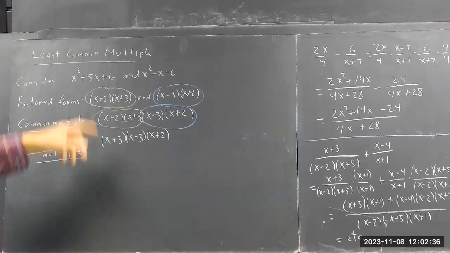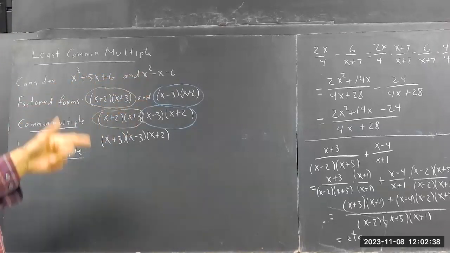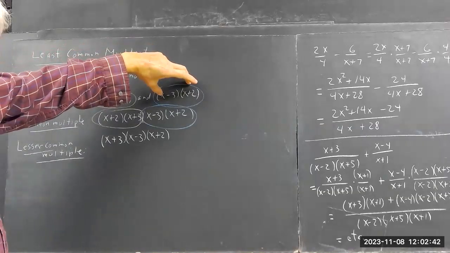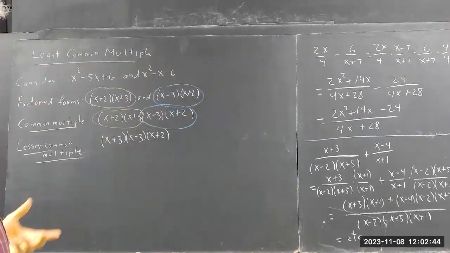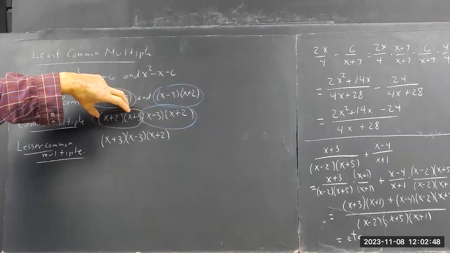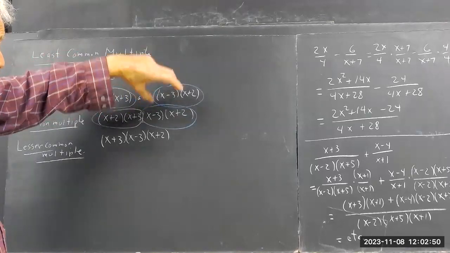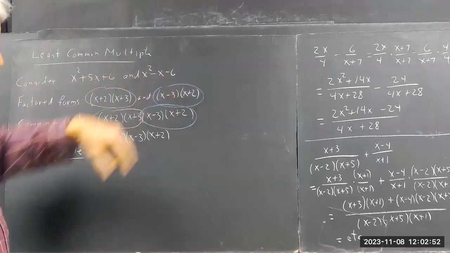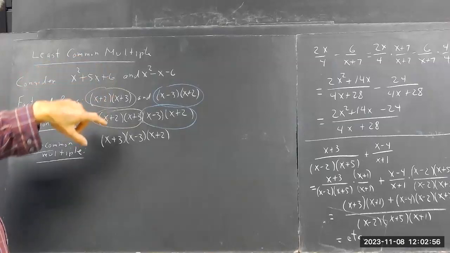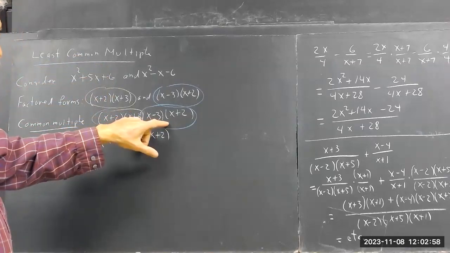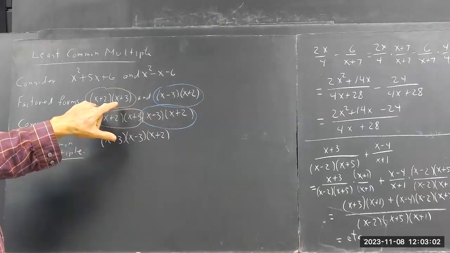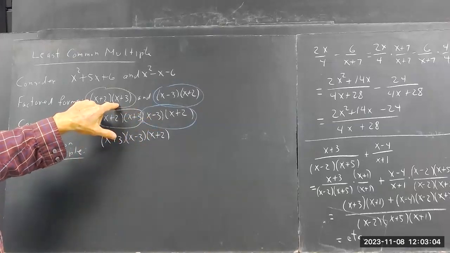A common multiple of these two expressions, you just multiply this one by this one. And that's a common multiple because this expression is contained right here, and this expression is contained right here. So this expression down here, our common multiple, well, what have we multiplied x plus 2 times x plus 3 by?